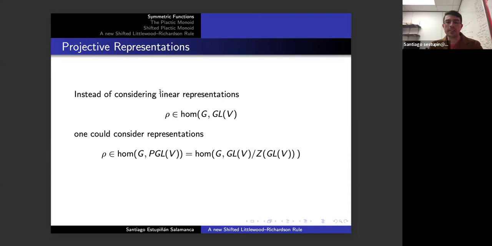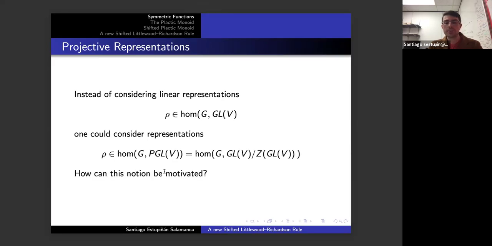And the main difference is that instead of representing each element of the group as a matrix that is invertible, you allow it to be represented up to a scalar multiple of the identity. And then you obtain a projective representation in this case.